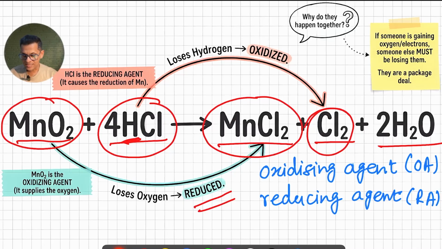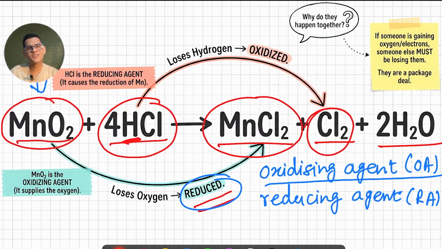Now, what is an oxidizing agent? A substance which oxidizes others by itself getting reduced is called an oxidizing agent. In the reaction we took as an example, manganese dioxide is oxidizing other substances and is itself getting reduced.